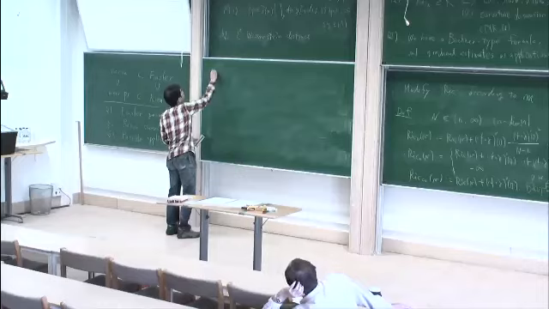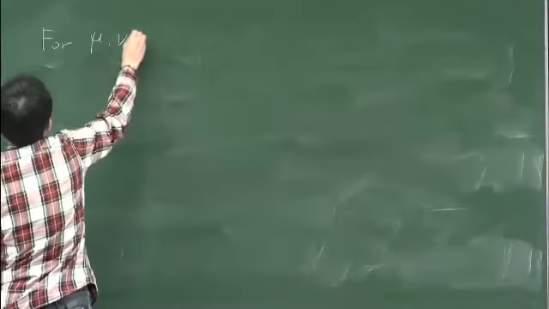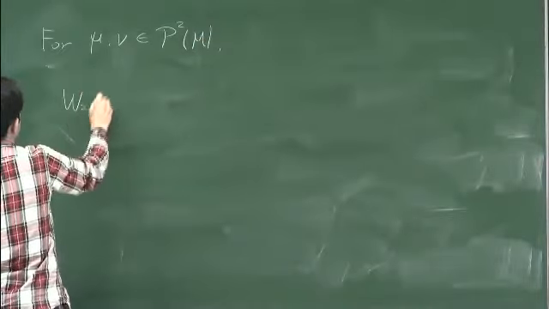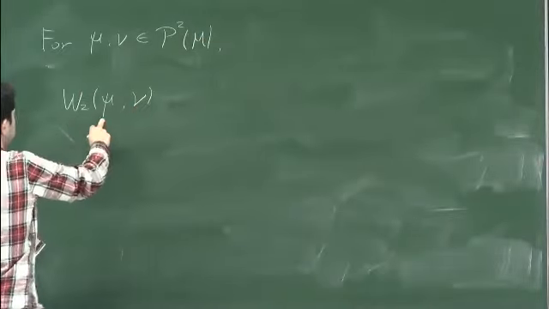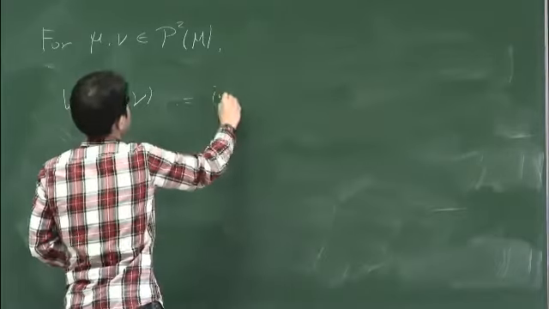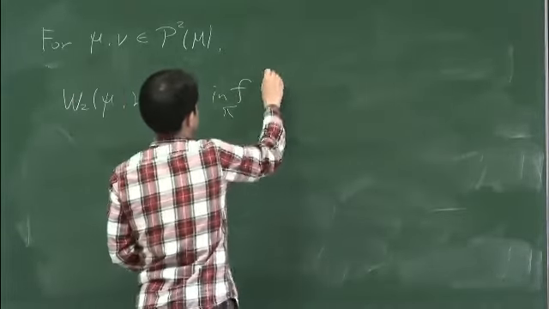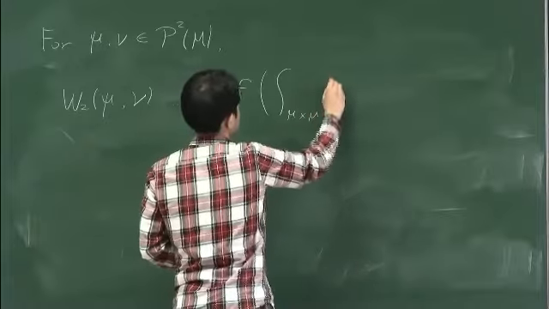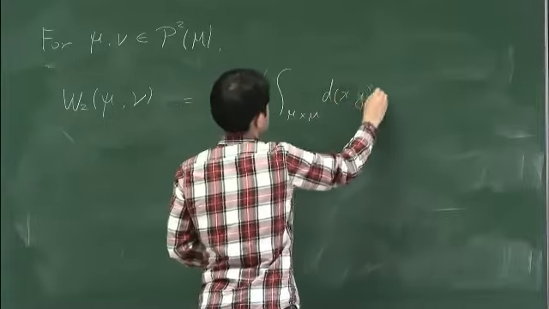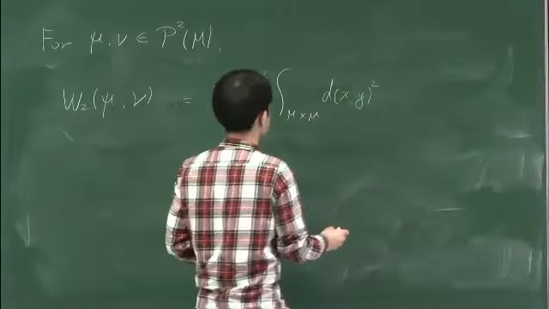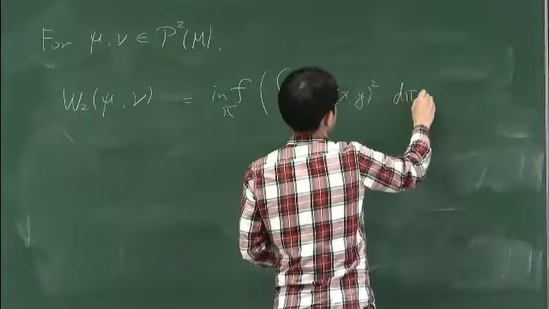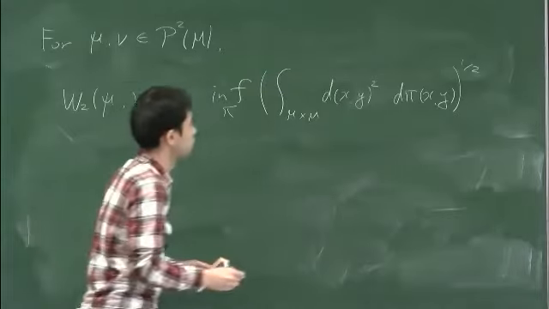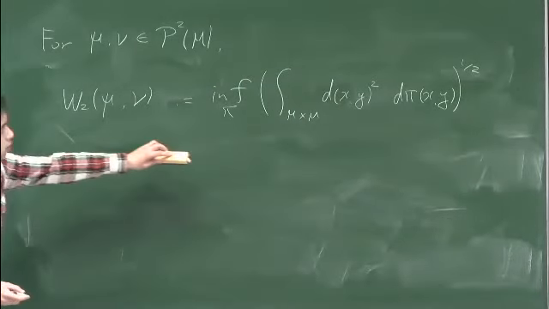For measures mu and nu, the Wasserstein distance is the least cost of transporting mu to nu, and it's defined by the infimum over couplings pi of mu and nu of the L2 norm of the distance with respect to pi.